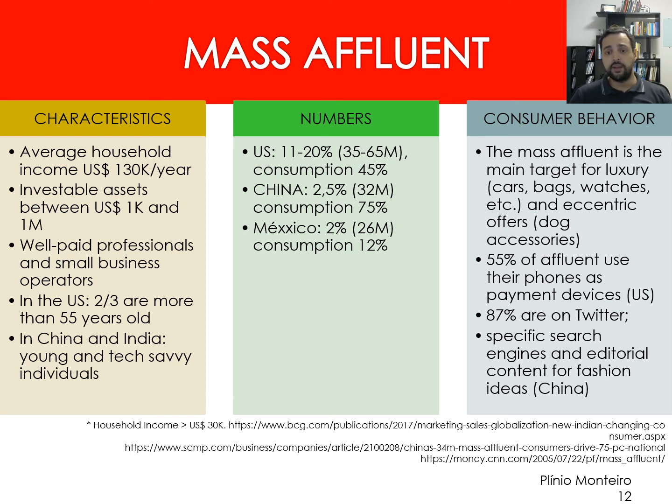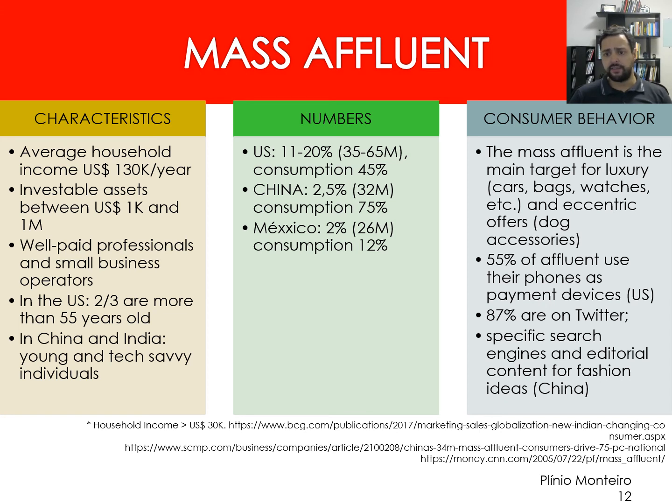And in the US, this group represents between 11 and 20% of the population, and they represent 45% of the entire consumption in the country. In China, it's basically 2.5% of the population, and they represent 75% of the entire consumption. And in Mexico, 2% of the population representing 12% of the consumption.